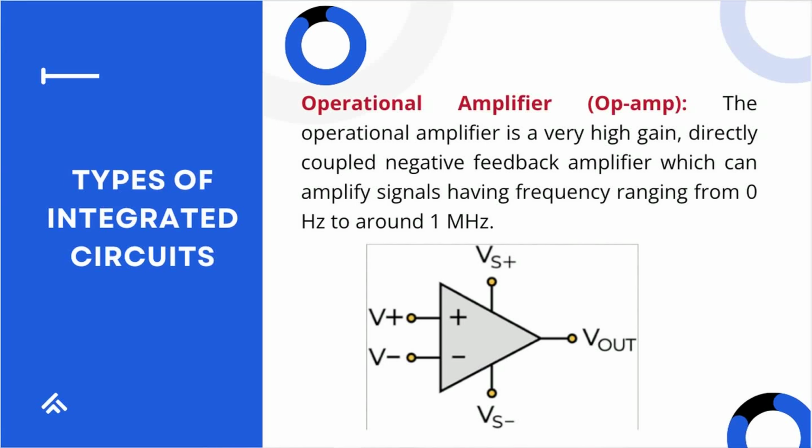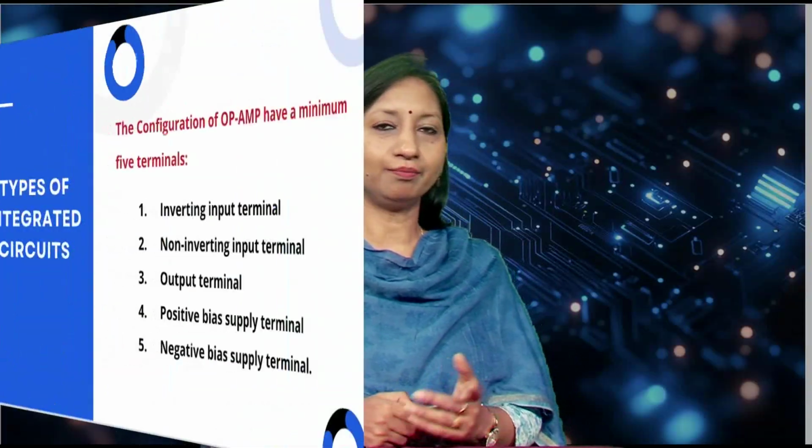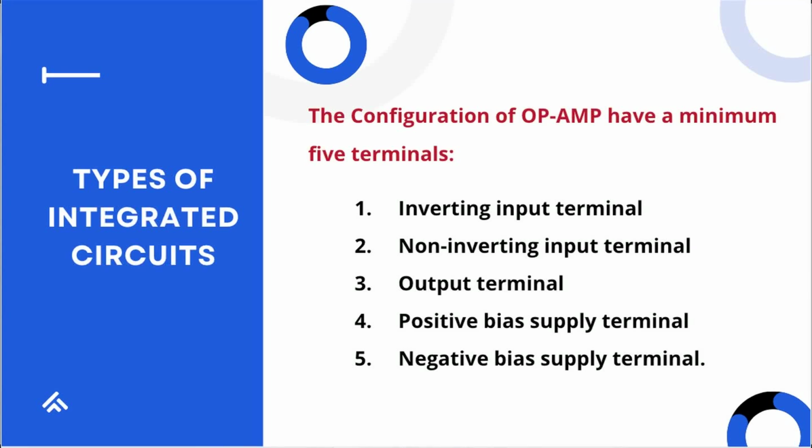The op-amp is shown as a triangular symbol in the circuit and has 2 inputs and 1 output. The 5 terminals in the configuration of an op-amp are: inverting input terminal, non-inverting input terminal, output terminal, positive bias supply terminal, and negative bias supply terminal.